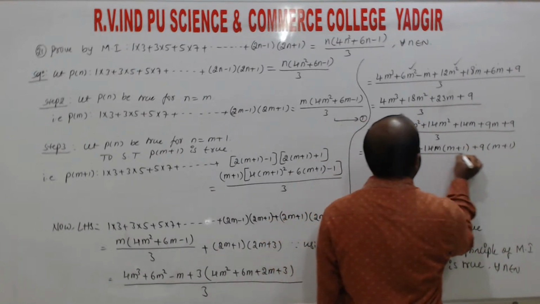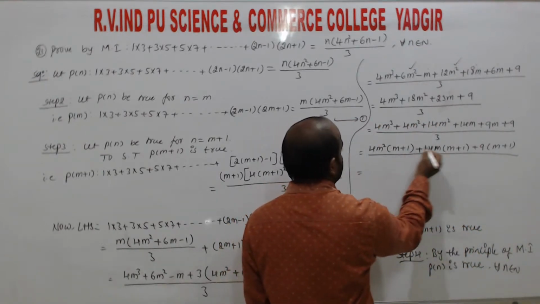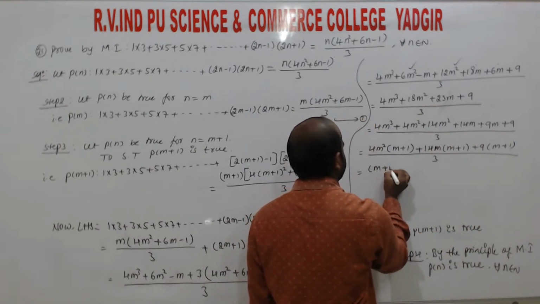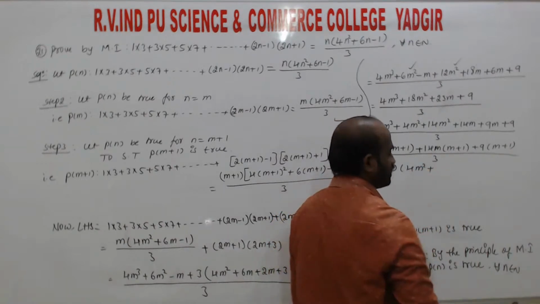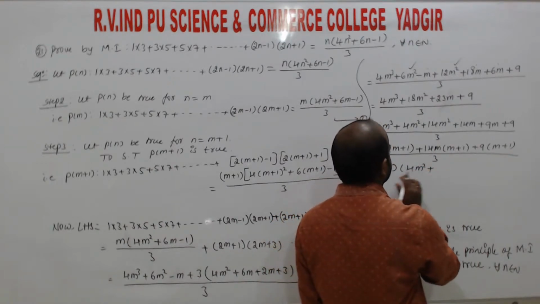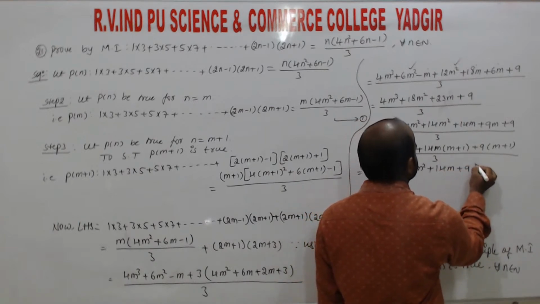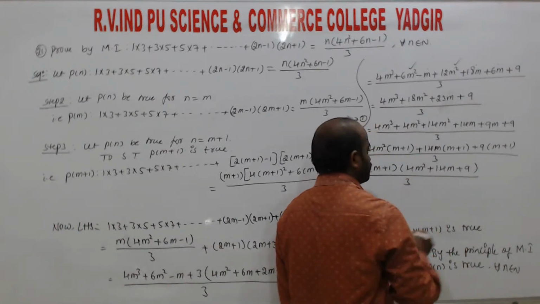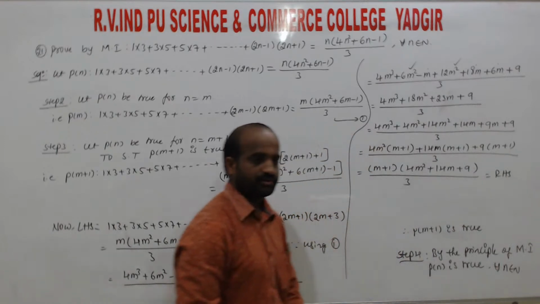Okay, whole divided by 3 as this. m plus 1 is common. Then we get m plus 1 into 4m square plus 14m plus 9, whole divided by 3. This is equal to RHS.